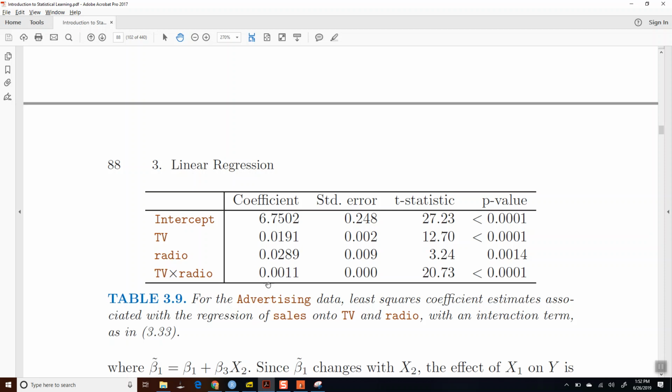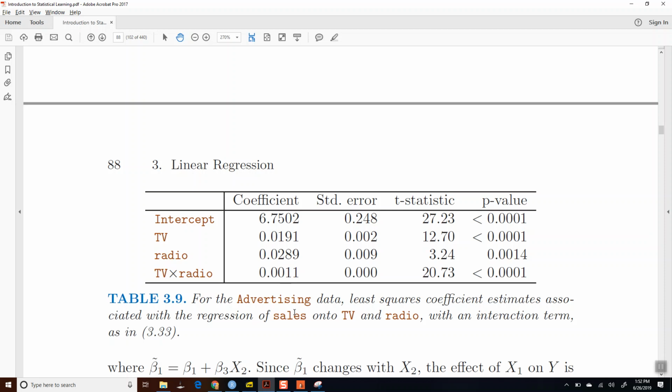An increase in TV adds 0.019, and an increase in radio adds 0.0289. But when you use them both together, they increase even more than what you might anticipate from them working independently. They call this a synergy of the advertising.